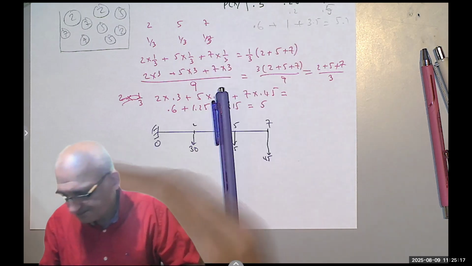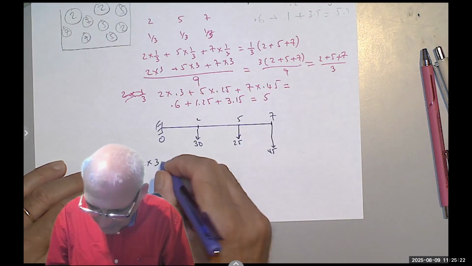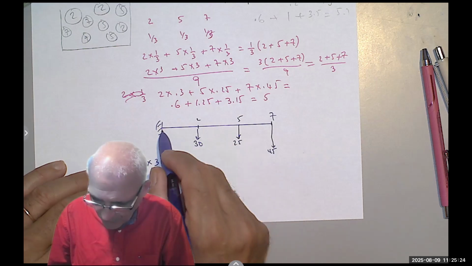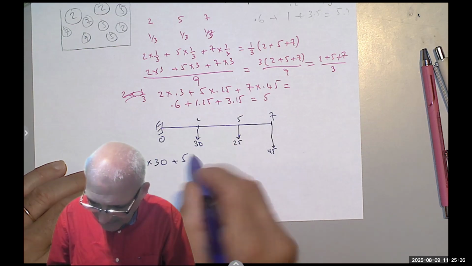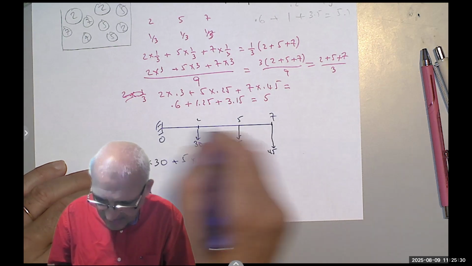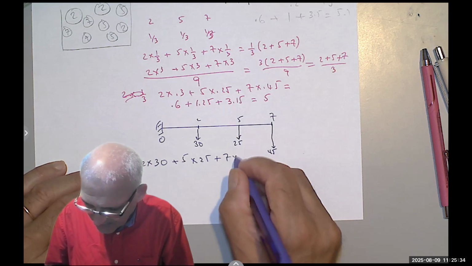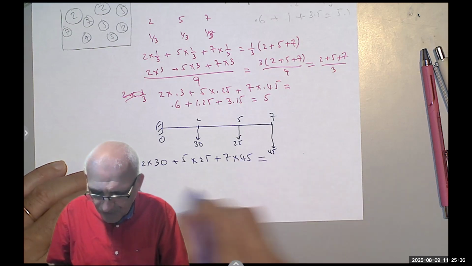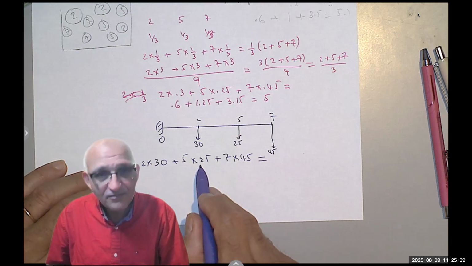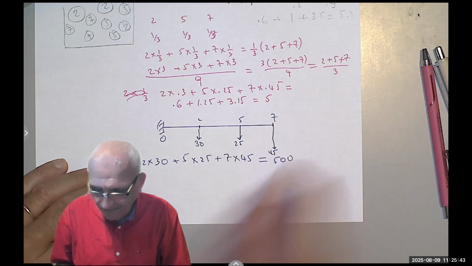It's the same thing. So if I take the moment of these, I would say the weight times the perpendicular distance from O: 2 times 30, plus 5 times 25, plus 7 times 45. And of course, I will get 60 plus 125, which is 185, plus 315, which is 500.